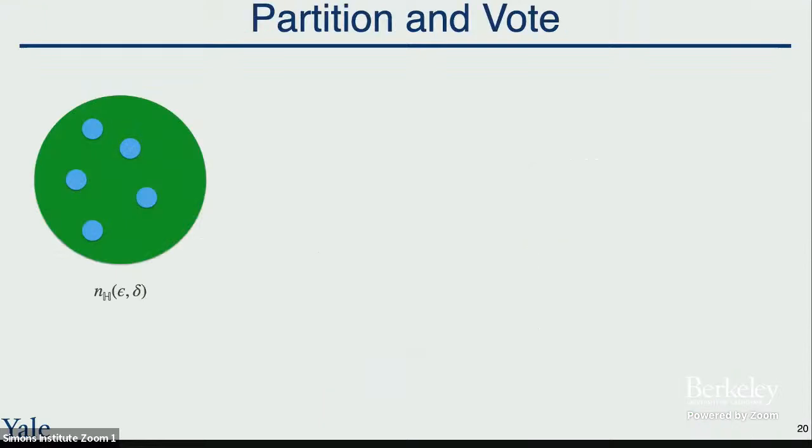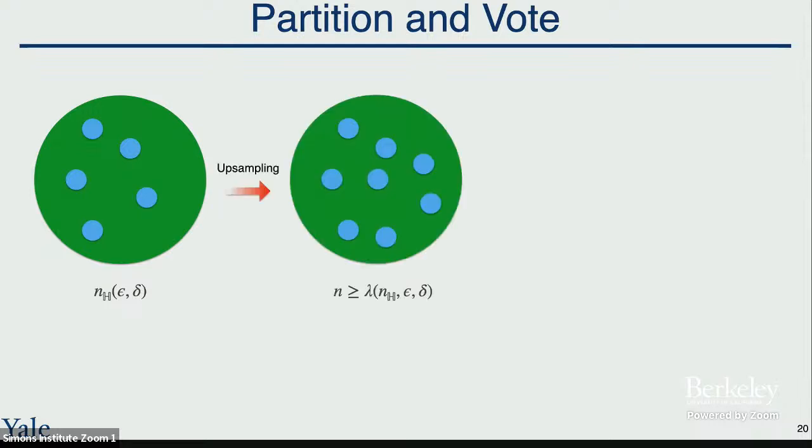The idea is simple. Like before, the original problem was learnable. We upsample. Now it's going to be a more complicated function. I'm not going to write it down. It's a more complicated function of n sub h and epsilon, delta. These many numbers we have to upsample, so more data points.